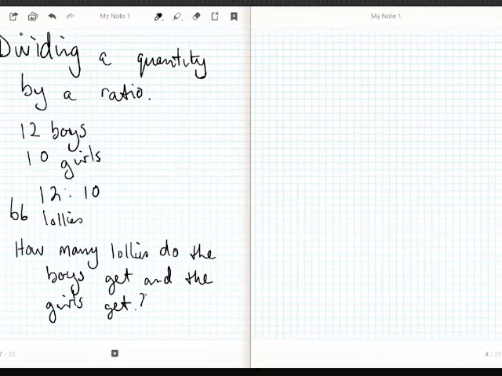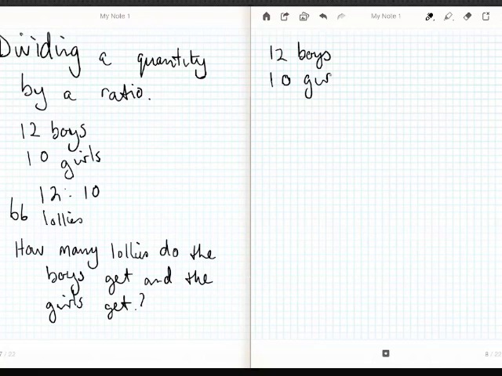Here's how you do it. We have a total of 12 boys, 10 girls, therefore we have a total of 22 students.